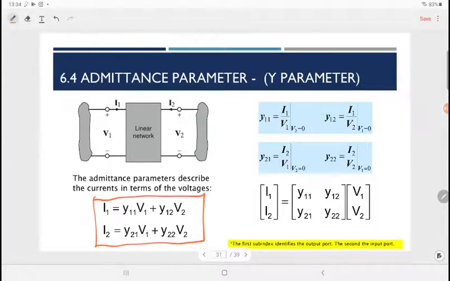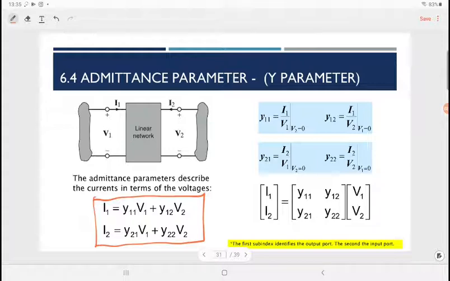The admittance parameter describes the current in terms of the voltages. So you have I1 equal to Y11 V1 plus Y12 V2, and I2 is equal to Y21 V1 plus Y22 V2.